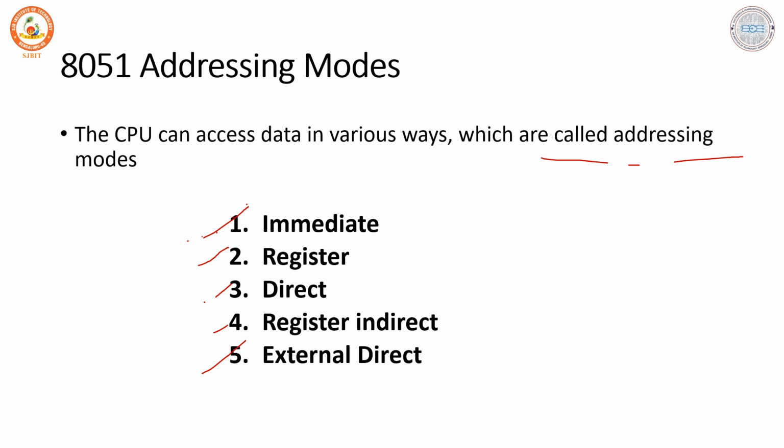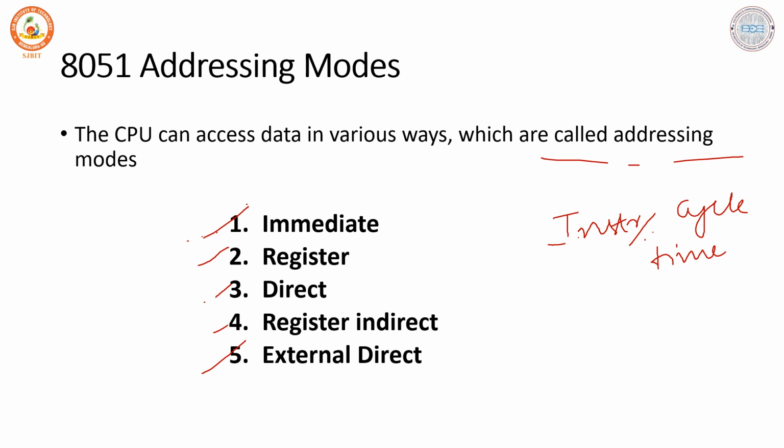Now, to execute an instruction, we need a specific time, which we call the instruction cycle time. This instruction cycle time varies according to the length of the instruction, and instructions that work with internal memory are quite a bit faster than those that access external memory.